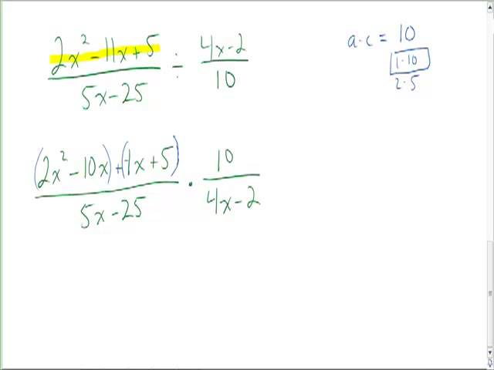In this top one, let me go sideways with it. What can I factor out of 2x squared minus 10x? They're both divisible by 2, and they're both divisible by x, which leaves me with x minus 5. Alright, now notice that looks almost identical to the second set of parentheses already, except that the signs are switched. So I just need to factor out a minus 1, and that will leave me with x minus 5 again.